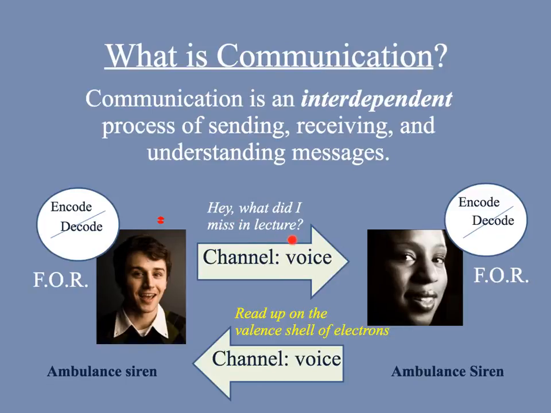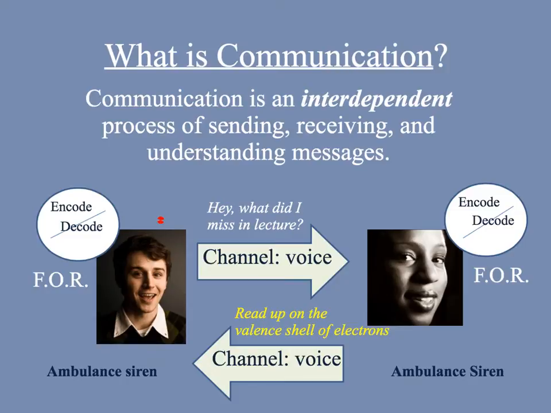Now at this point, Jeff is encoding a message. He's putting it together in his mind, this message, using symbols that he's confident that Shauna is going to be able to understand. At which point, she decodes the message. She makes sense of it, drawing from her frame of reference, the sum total of her life experience.